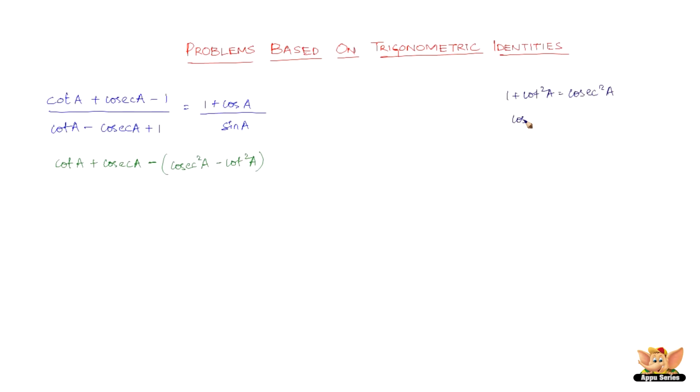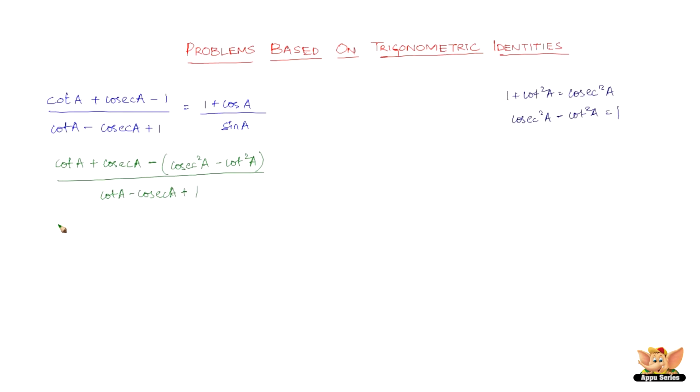Shifting cot² A to the right-hand side, it becomes cosec² A − cot² A equals 1. So I've replaced 1 by cosec² A − cot² A, over cot A − cosec A + 1.